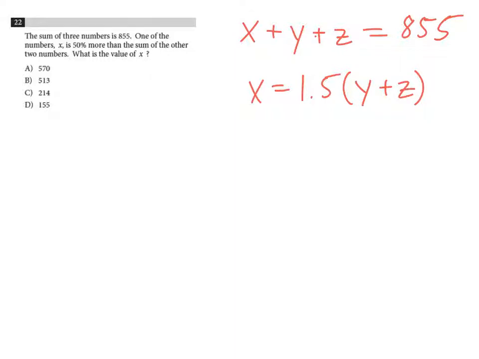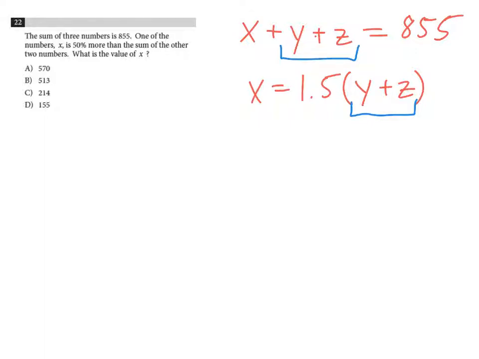So what we need to do here is we can see that we have a y plus z here, a y plus z here. We want to isolate x, so we don't want to eliminate x. If we substitute in and eliminate x, well, it's going to be extra steps because we're going to have to solve for y.